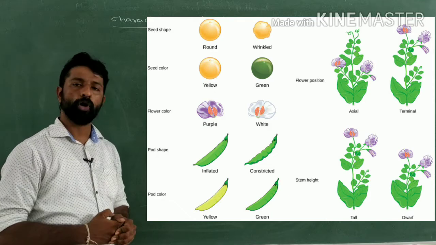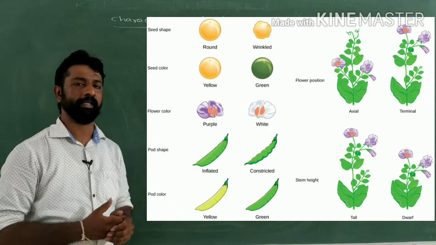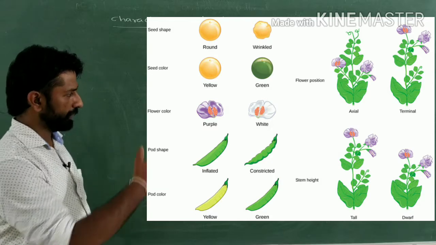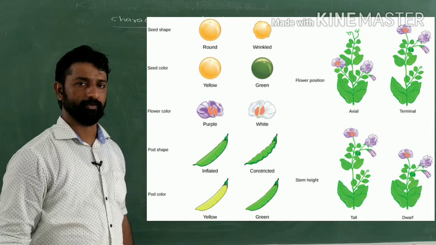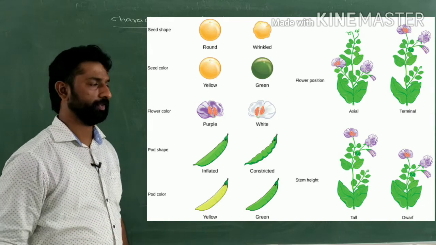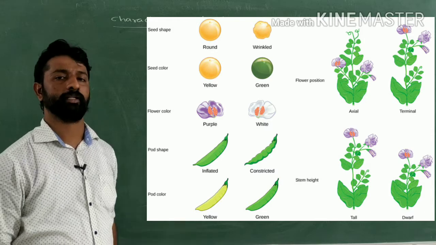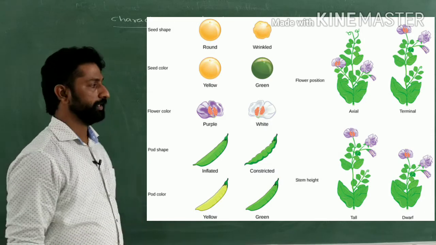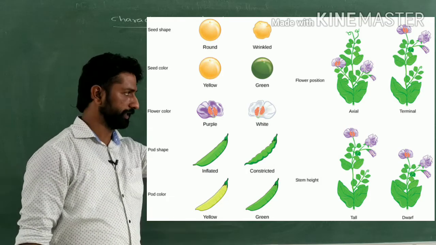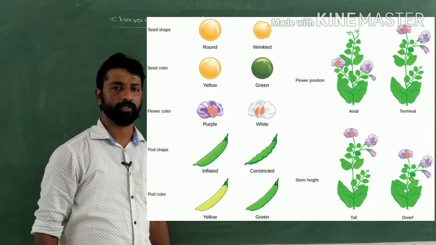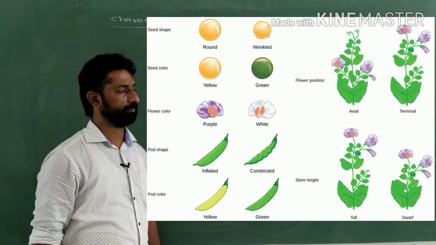Next is pod shape. If it is full or inflated, you can see how a full or inflated pod appears without any ridges, right? But the recessive trait of the same character, that is pod shape, means it will be constricted. You can see the constricted pod also there. Constricted means it will be having the ridges over the pod.